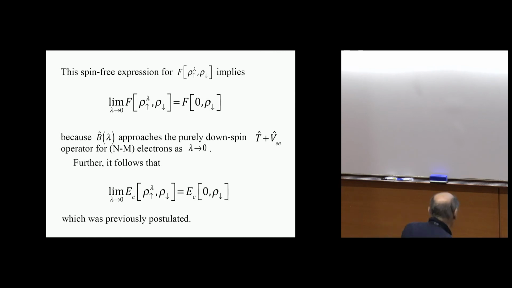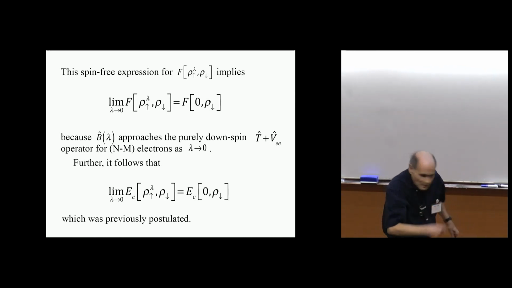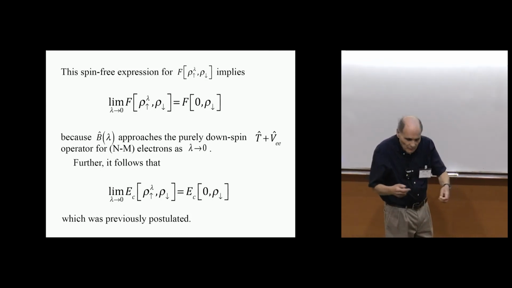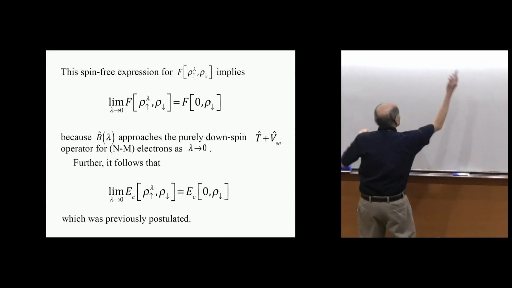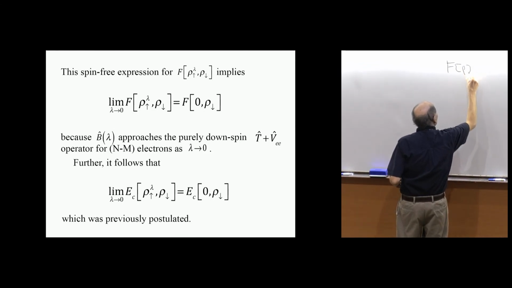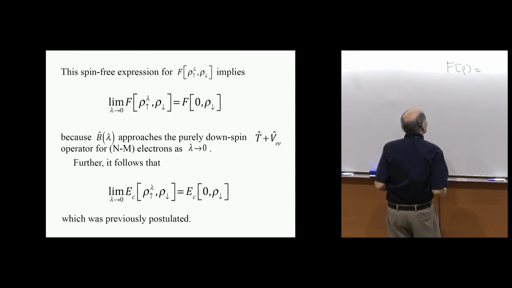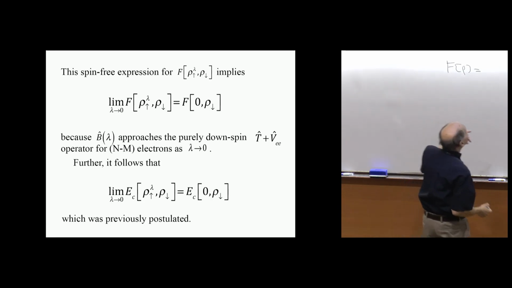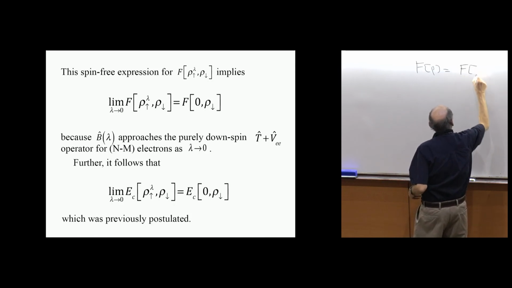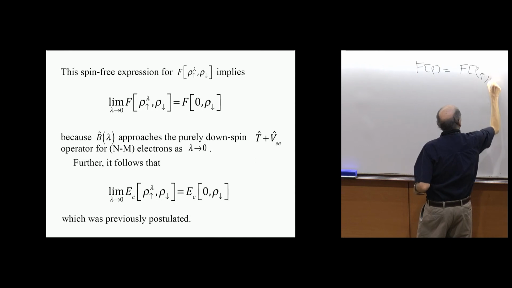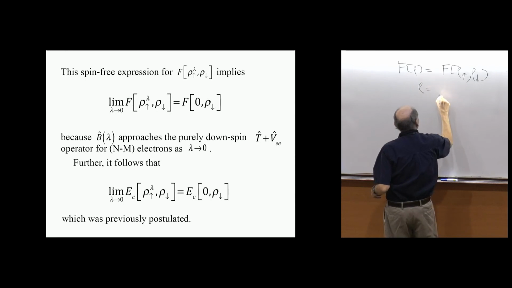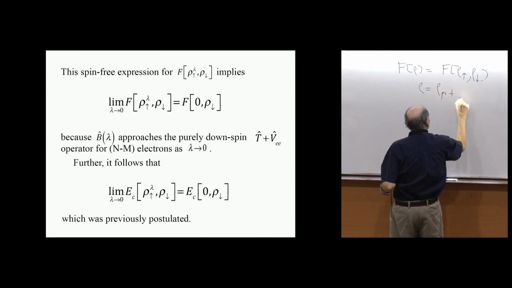It's also true for density functional theory, because this was spin density, but of course f of rho is the same thing as f of rho up, rho down, where rho equals rho up plus rho down.